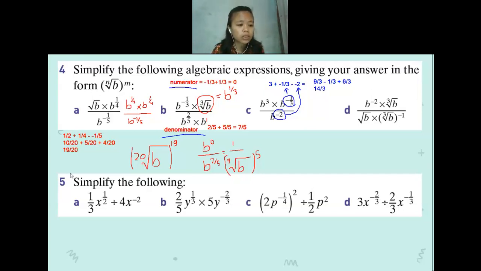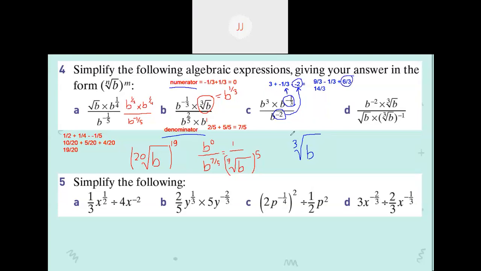Is there anyone having any question, or is my explanation confusing? Teacher, 2 is 6 by 3, right? I make everything into the same denominator.